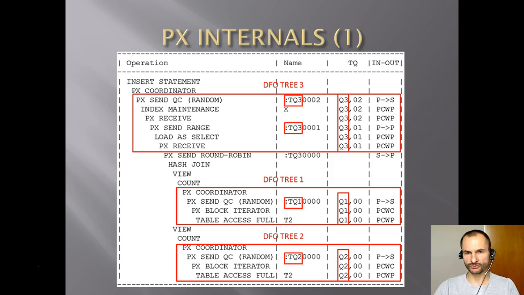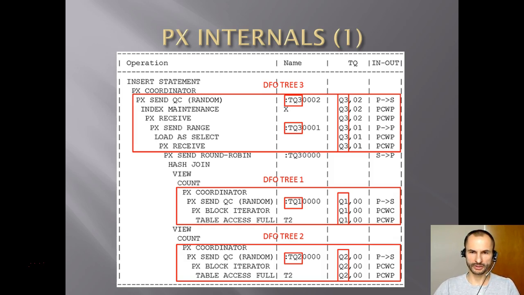For one DFO tree, you have at most 2 parallel slave sets active doing this producing and consuming of data. But since you can have multiple DFO trees and each DFO tree has its own parallel slave sets assigned, you might actually end up with more parallel slave sets active and allocated at the same time than expected. This is one important point.